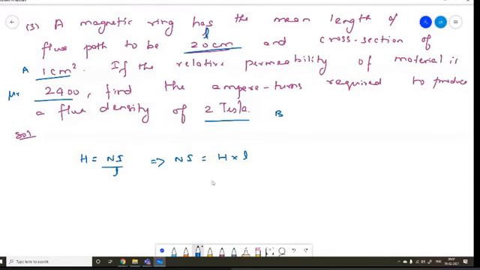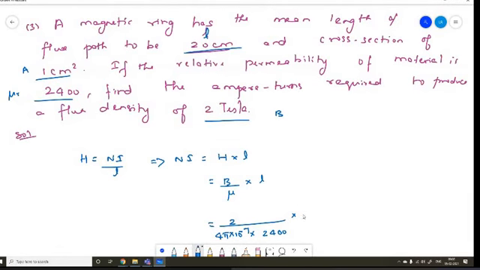So we know that H is equal to B by mu, and B is known to us. Mu can be easily found out because mu r is given, and L is also given to us. So B is given as 2, and mu is 4 pi into 10 to the power minus 7 into mu r, that is 2400, into, so what is the L that is given? 20 centimeter.